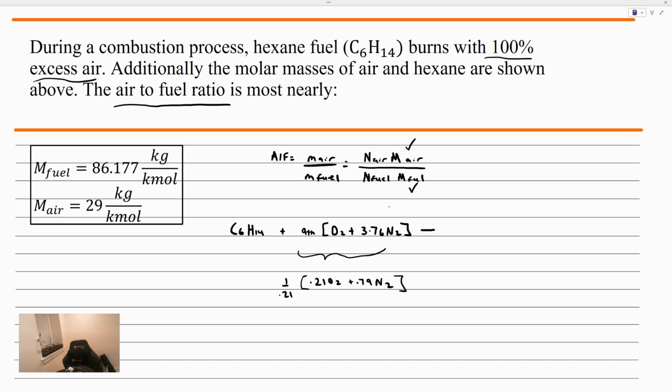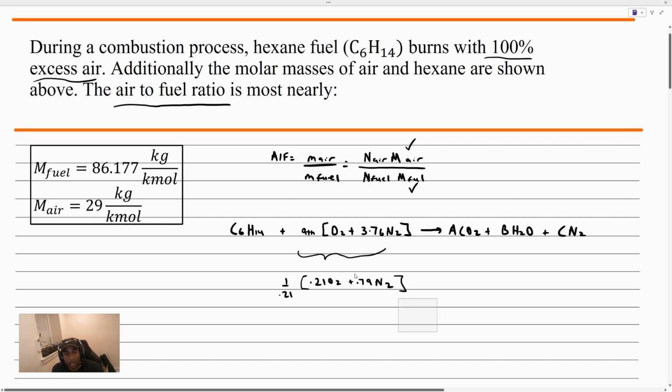Okay, what that's going to produce is some amount of carbon dioxide, some amount of water vapor, and some amount of unburnt nitrogen. This is for the stoichiometric combustion equation, so theoretically, this is the amount of air we need.